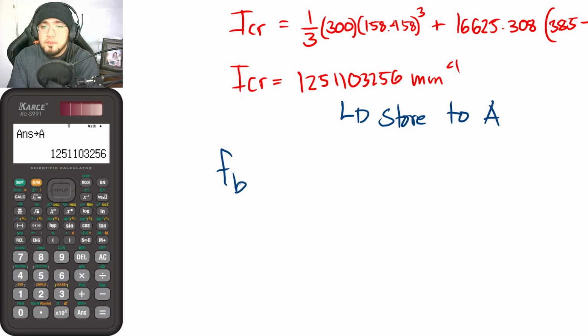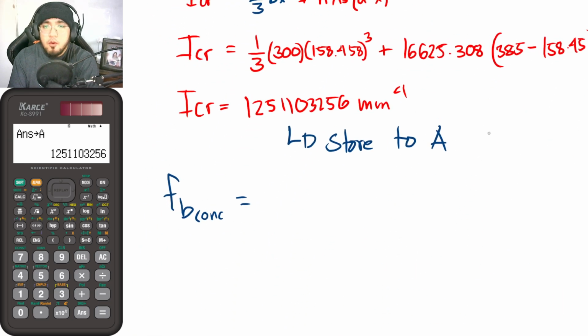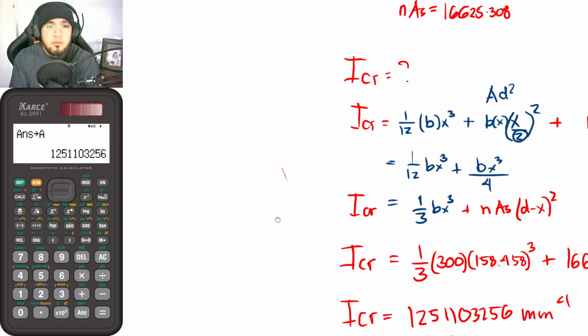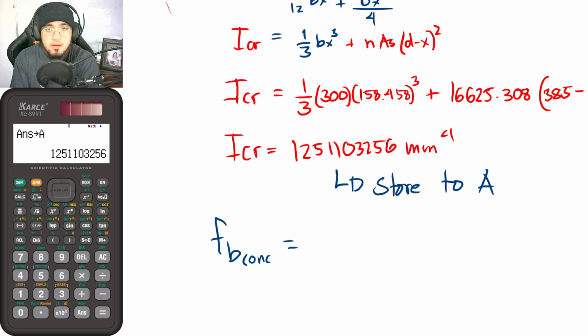For fb, let us now solve for the concrete first, or the compression concrete. Let us solve for the extreme fiber here. From that, Mc over I. For our M, what was the M once again? I think the M was 68 kilonewton meter.